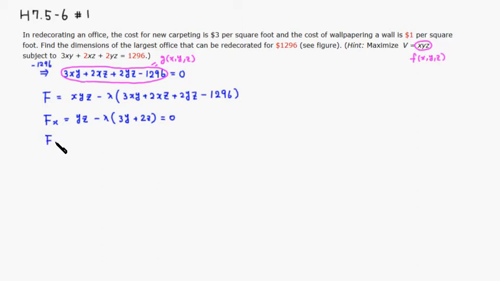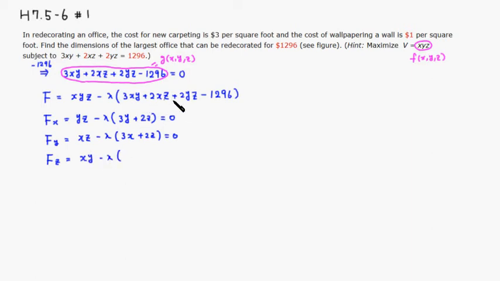Partial of the capital F with respect to y would be xz minus lambda with respect to y, so 3x with respect to y 0, it's going to be 2z equal to 0. And a partial of F with respect to z would be xy minus lambda.